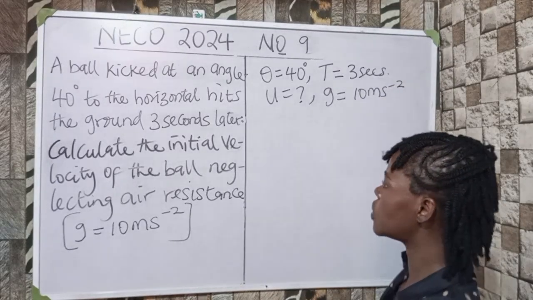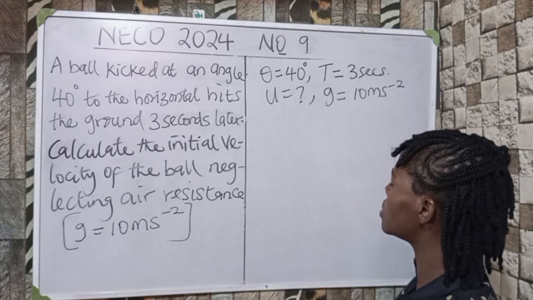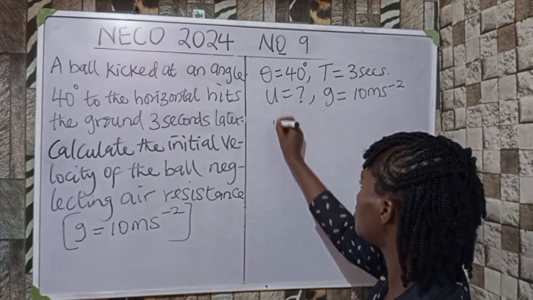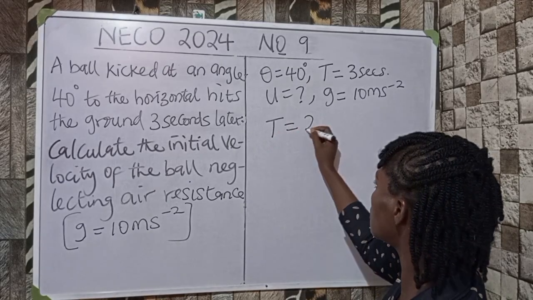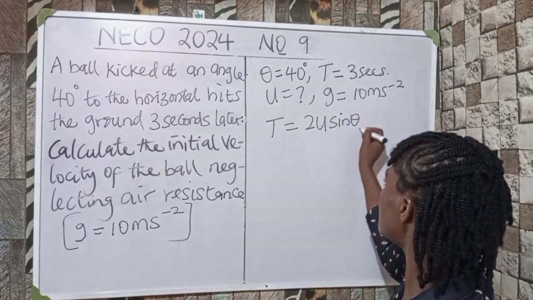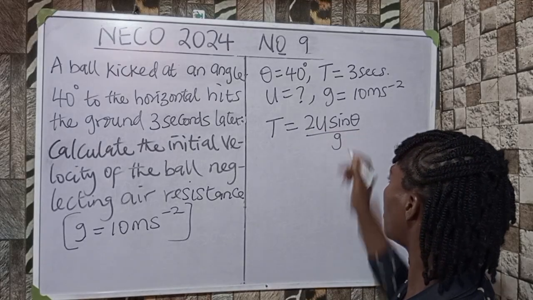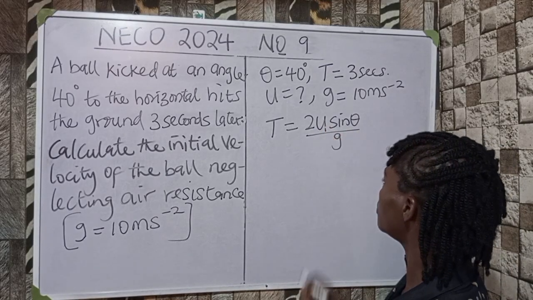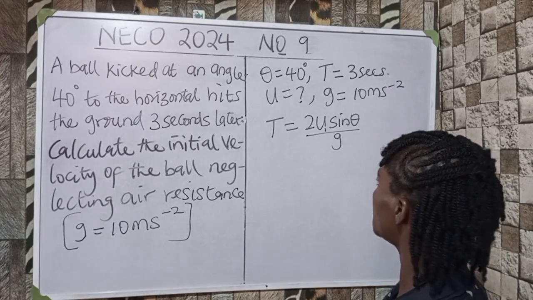So looking at this question, we are going to use the formula for time of flight, which is t is equals to 2u sine theta over what? G. Since we are looking for u, let us substitute the values we have.